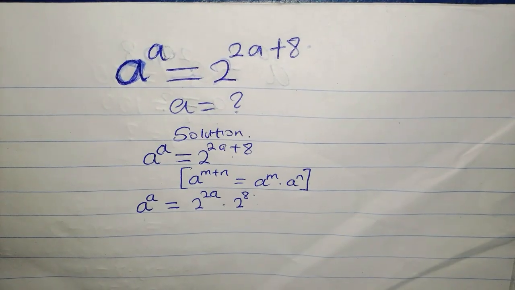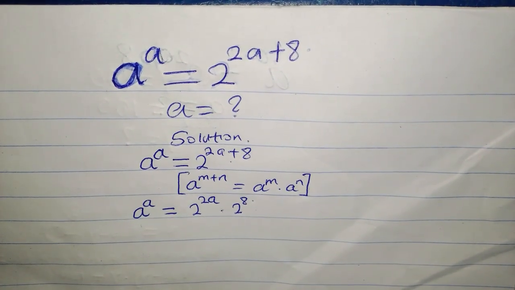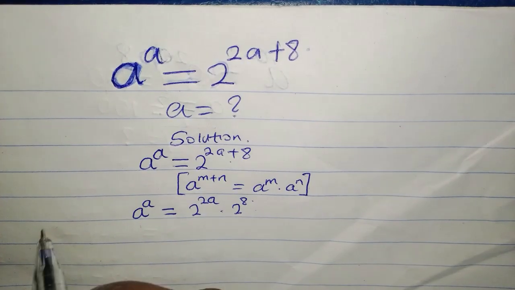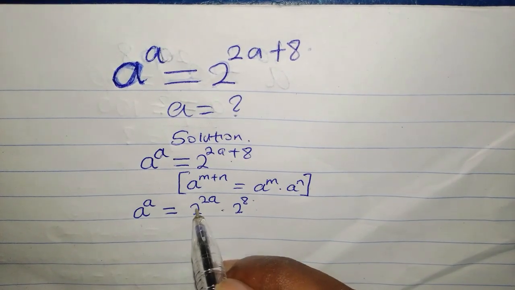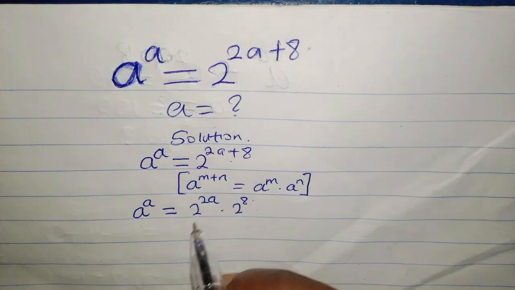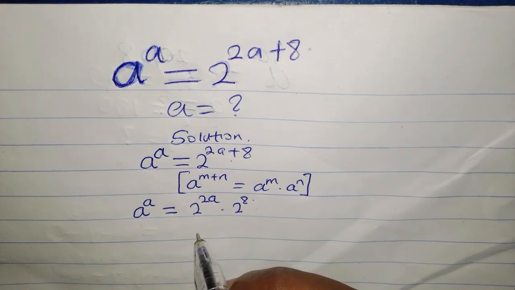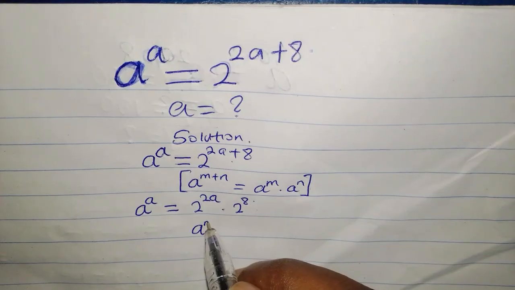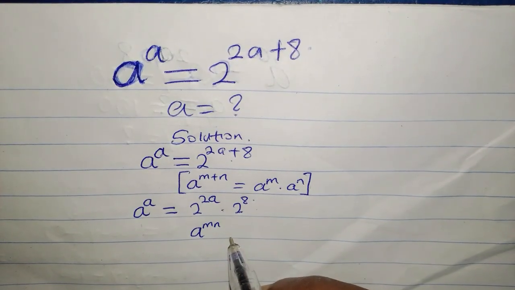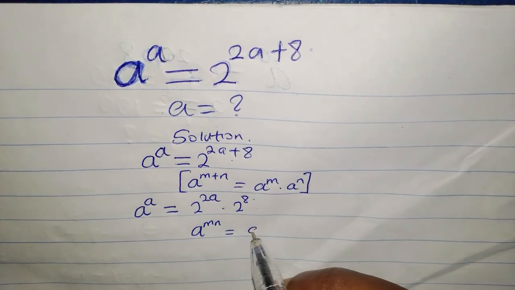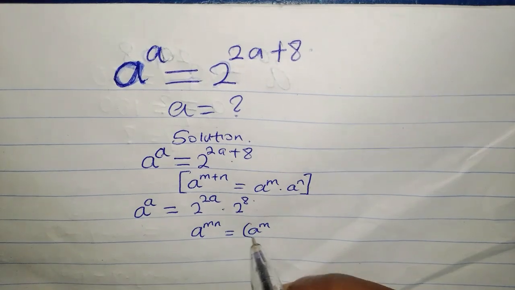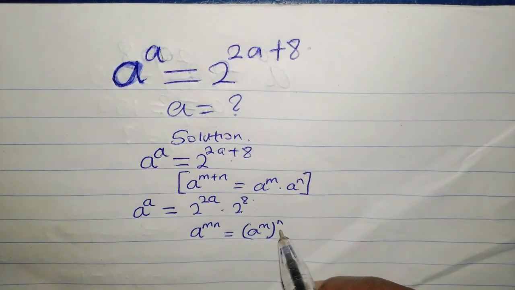From here, what are we going to do? We can write this again. At this place we apply the rule a to the power of mn is also equal to a to the power of m, all to the power of n.